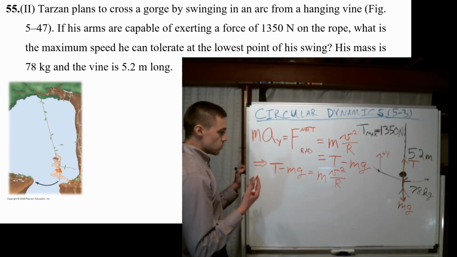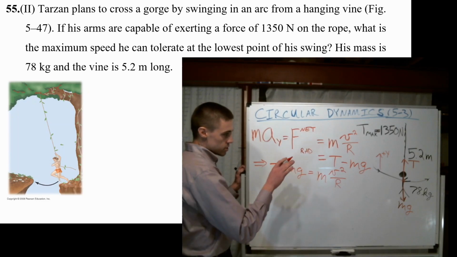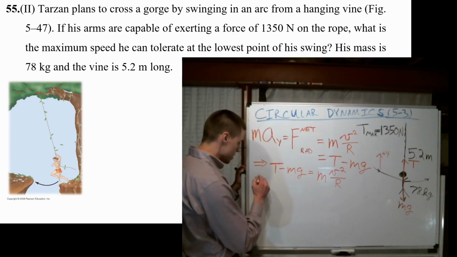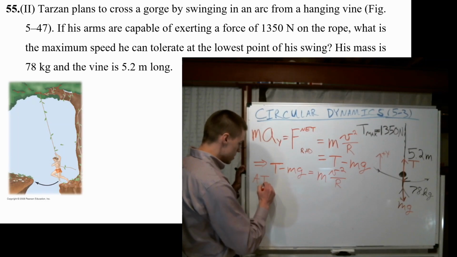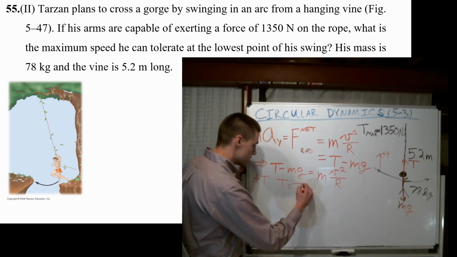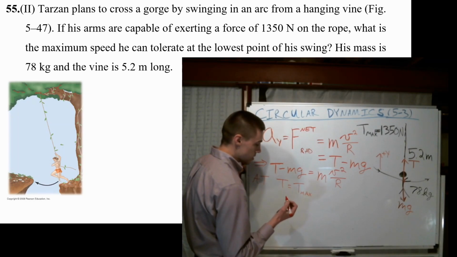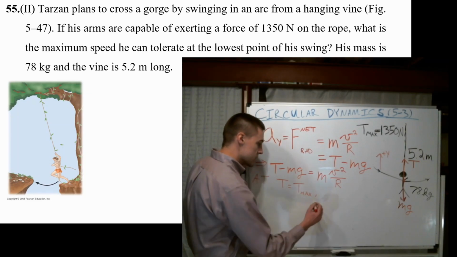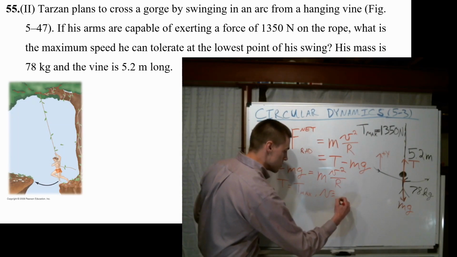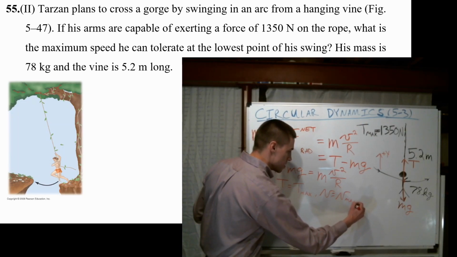All right, now we want to consider a special case, right? The special case is at T equals T max, the maximum tension force that Tarzan's arms can withstand. That's where we have v equals v max.